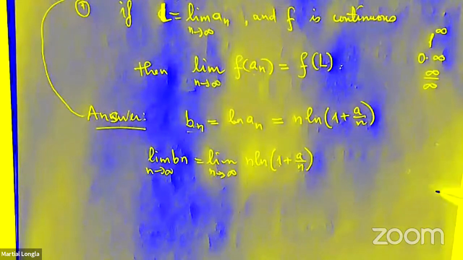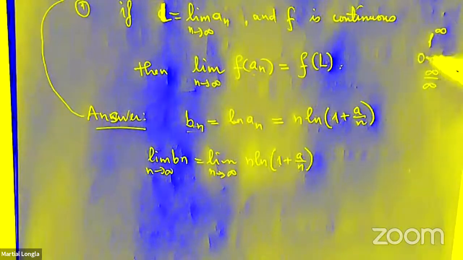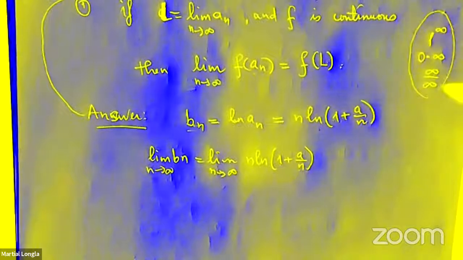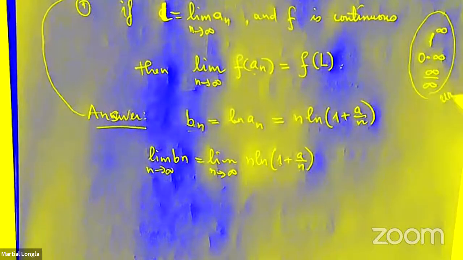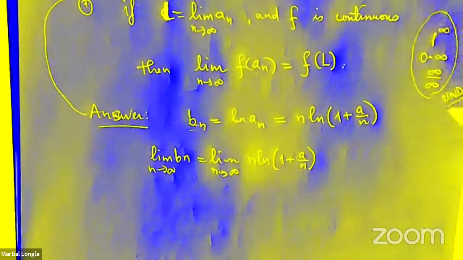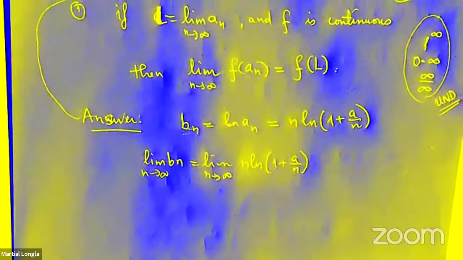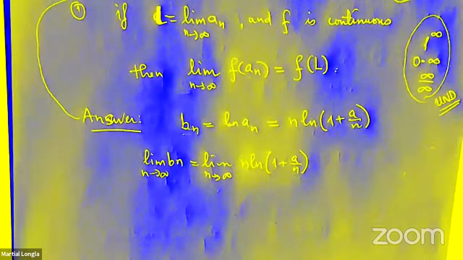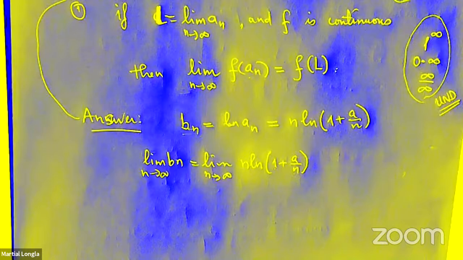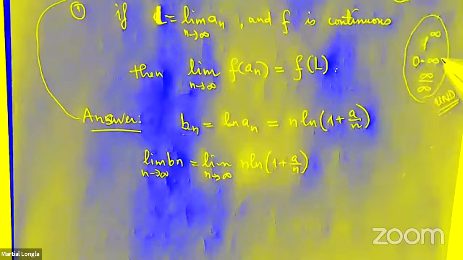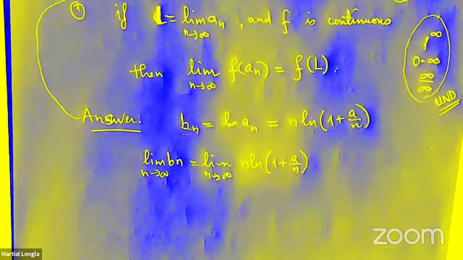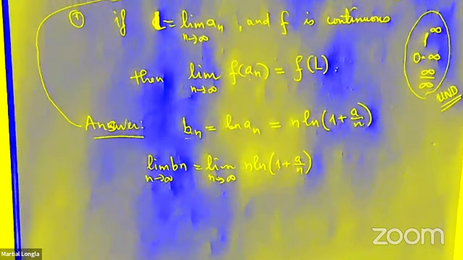These forms are undetermined. When you hit something like this, when you're looking for a limit, you need to do more work to find the answer. You can't decide just by looking at that. 1 to the power infinity, 0 times infinity, infinity over infinity, then you need to do something.